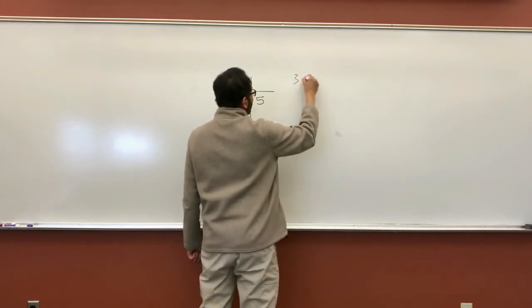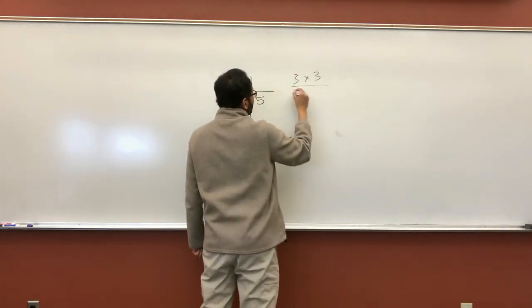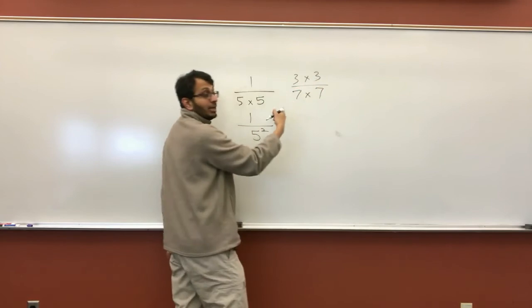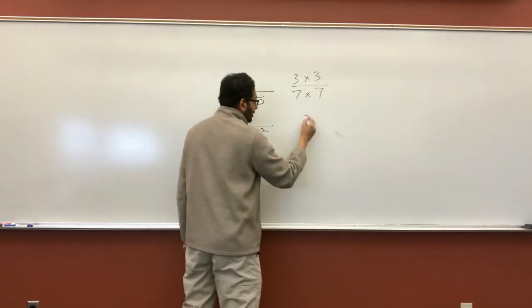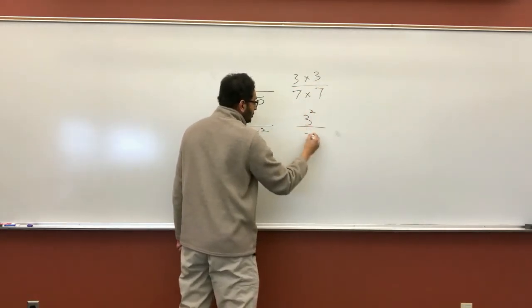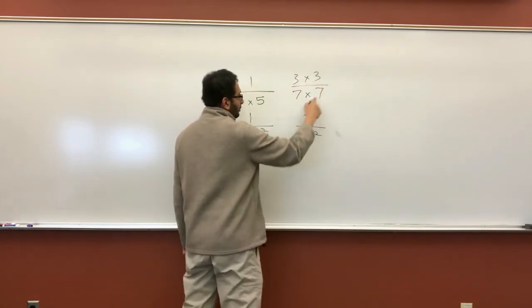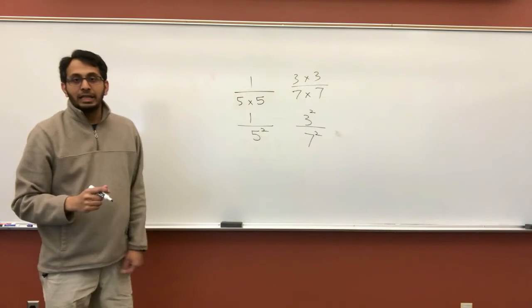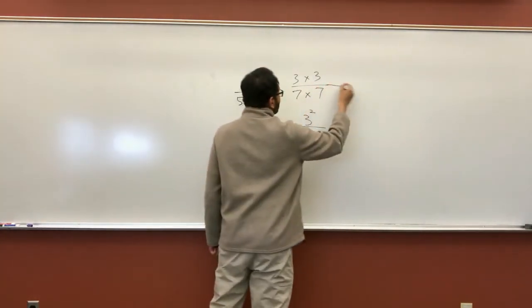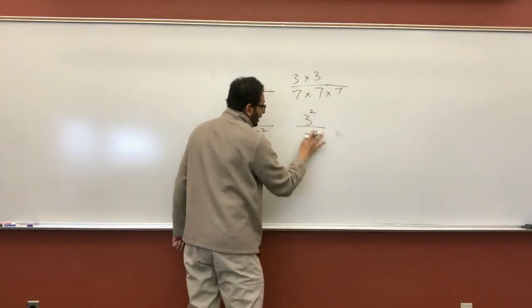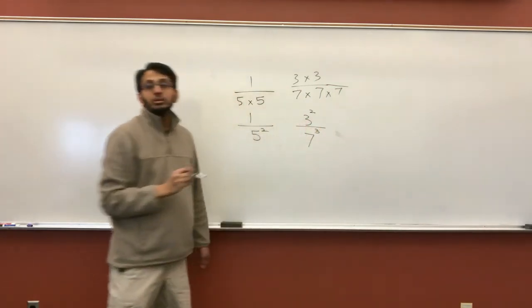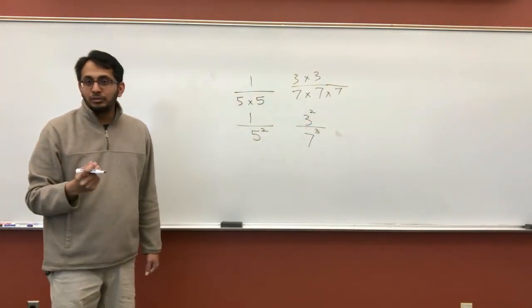Similarly, if I have 3 times 3 over 7 times 7, I could very well write it out as 3 squared over 7 squared. There are two 3s and two 7s. If there were three 7s, I would have written it out as 7 cubed, 7 to the power of 3.